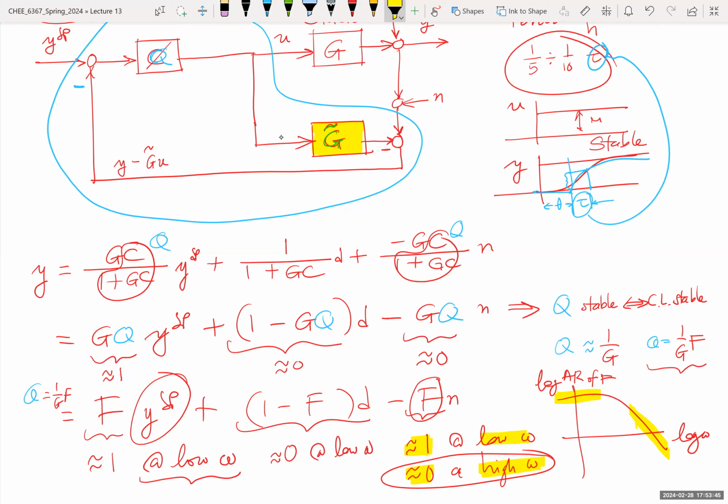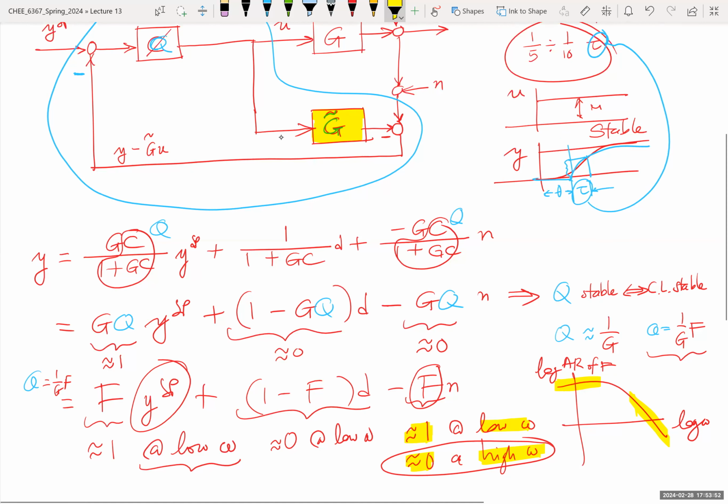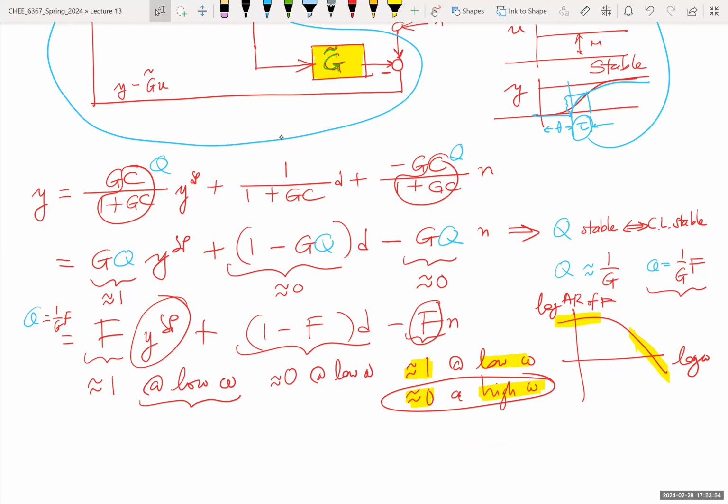We didn't have to deal with differential equations anywhere. It was just algebra, so we can understand capabilities and limitations and design for our system. We could understand the objective, the capabilities, and the limitations. We could understand that the inverse response cannot be eliminated, dead time cannot be eliminated, all those things.